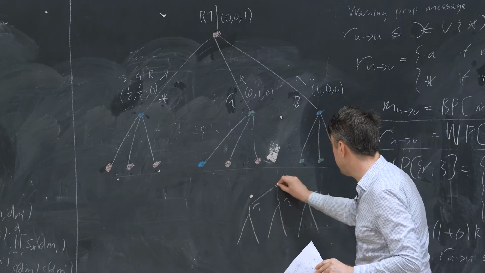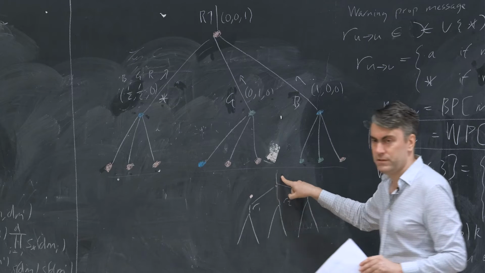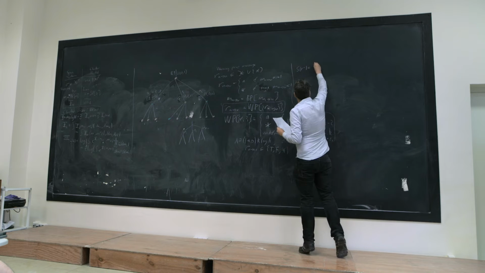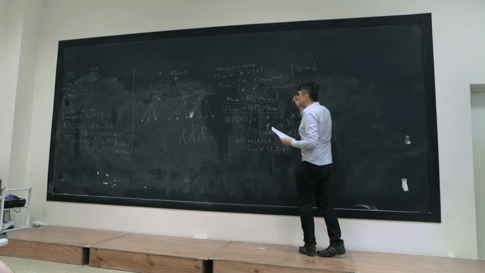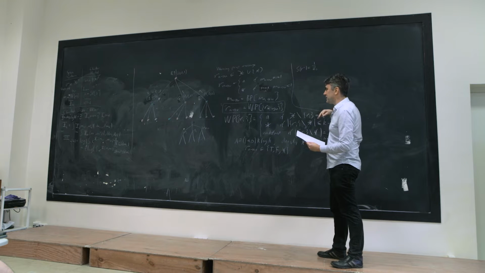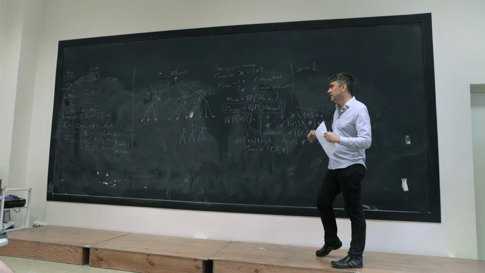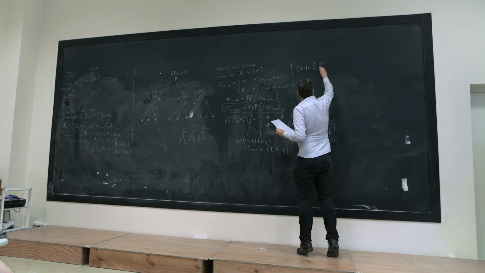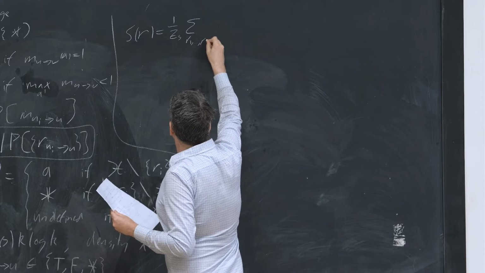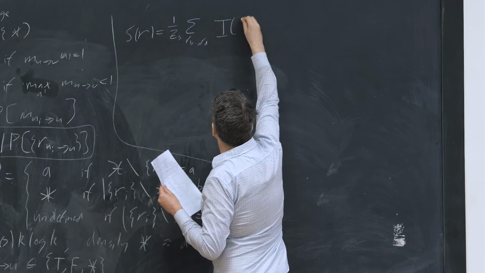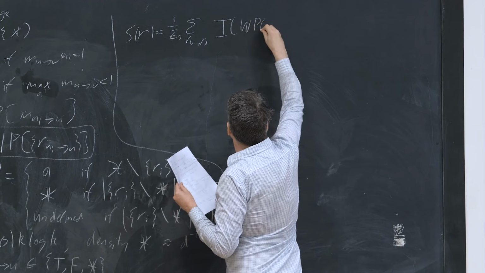Then we connect them together and work out the distribution at the root of the tree. Because this is a discrete system, it's back to being a sum rather than the integrals that we had for survey propagation. Warning propagation.